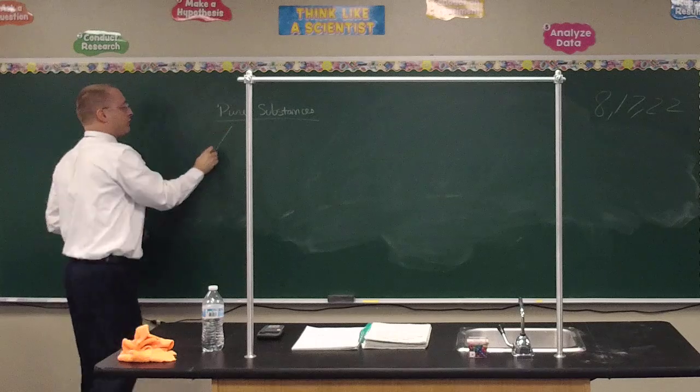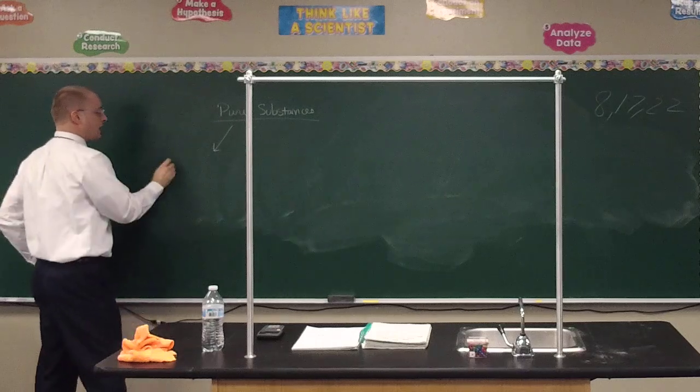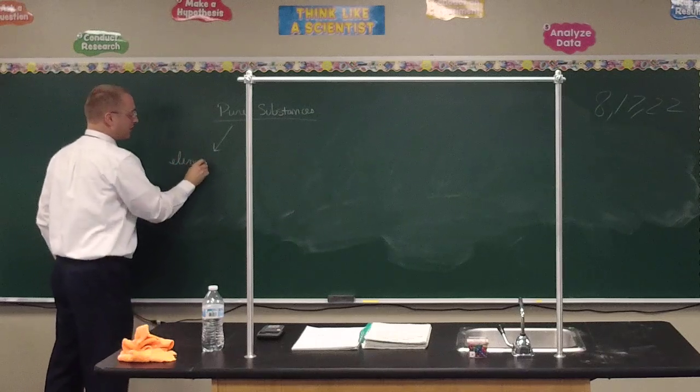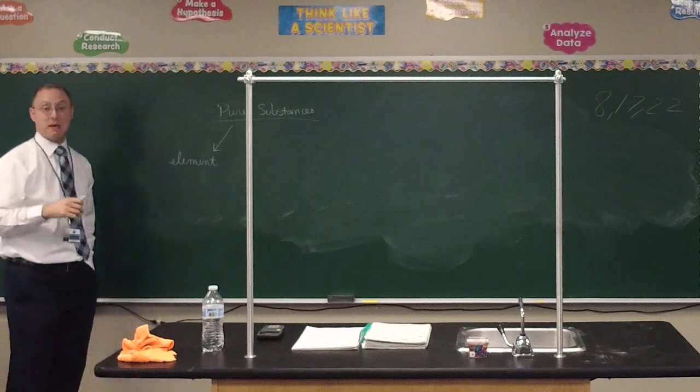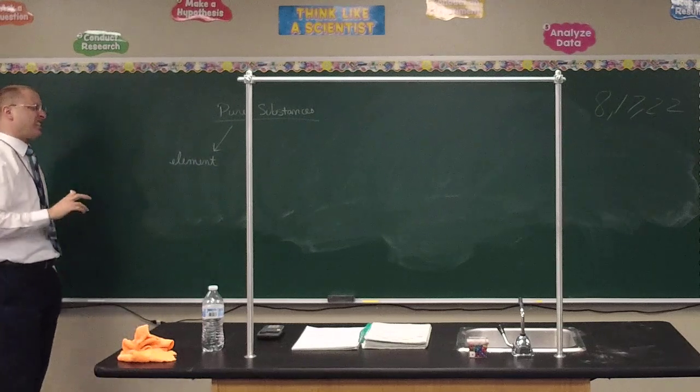But pure substances. The first type of pure substance is what's called an element. And of course, you studied the table of the elements last year in chemistry extensively.